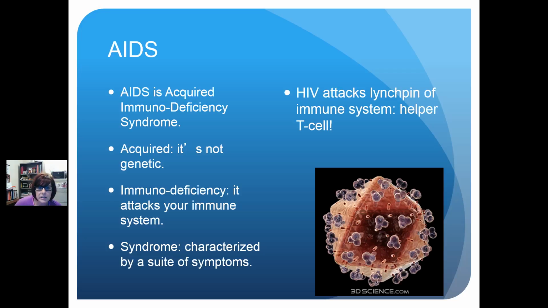Now, why is it an immune deficiency? Because the cell that the HIV virus attacks is the linchpin of your immune system, the helper T cell. When HIV drops your T cell levels to a specific number, because it's destroyed them, that's when they classify somebody as going from just being HIV positive to having AIDS.